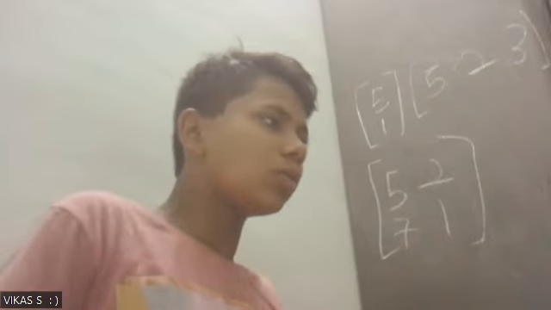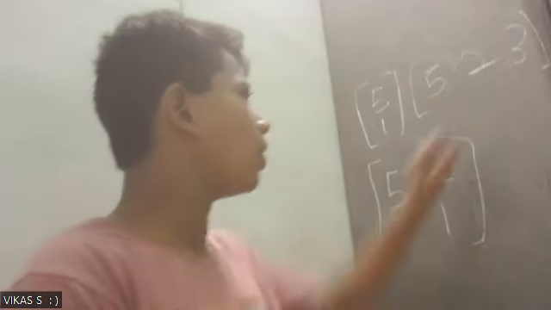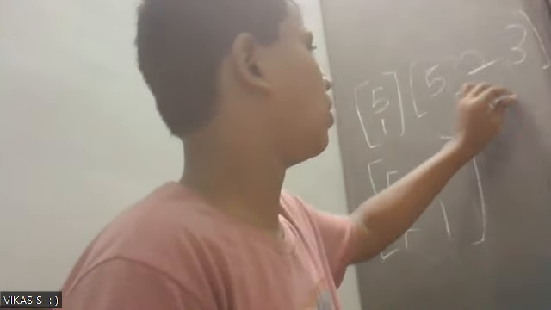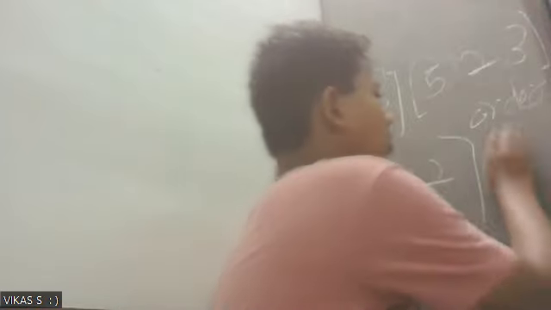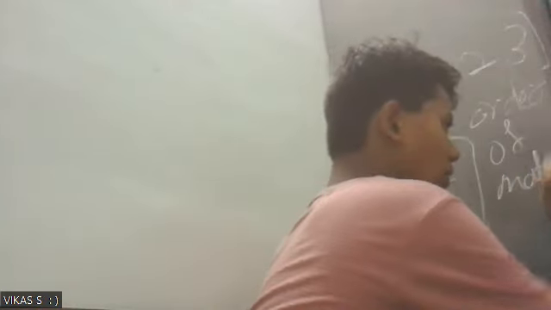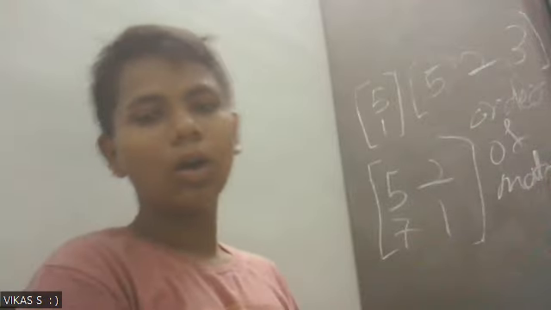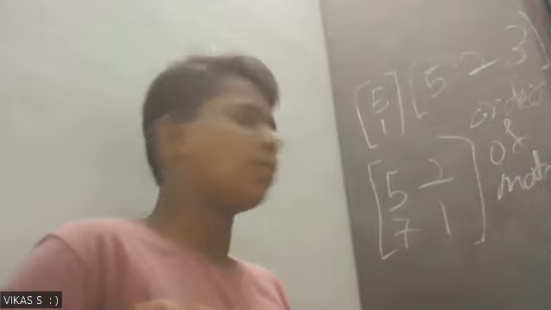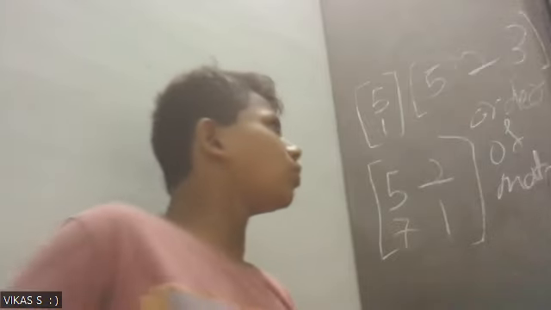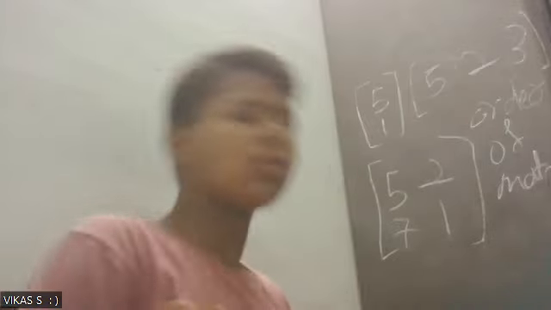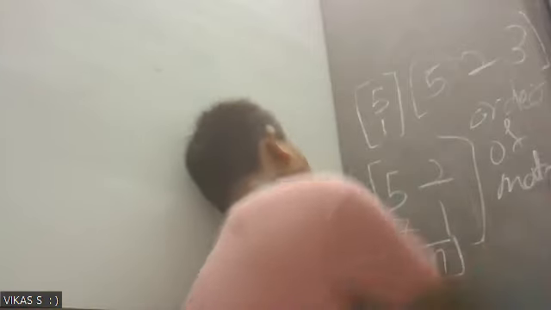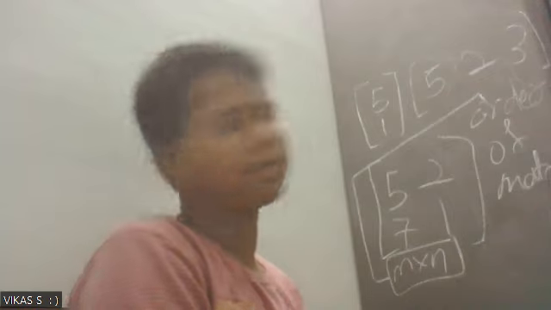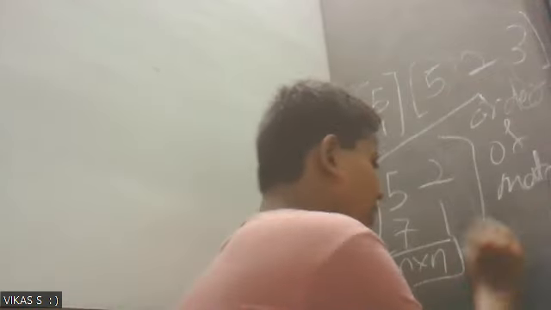So what are these rows and columns? This is the order of the matrix. What is the order of a matrix? M into N. Let's take an example.